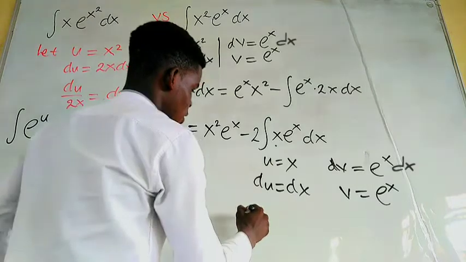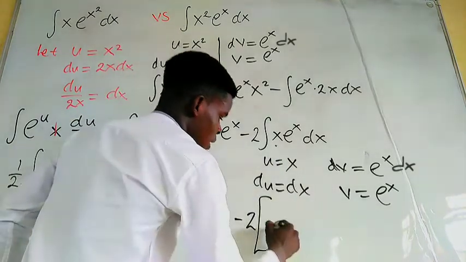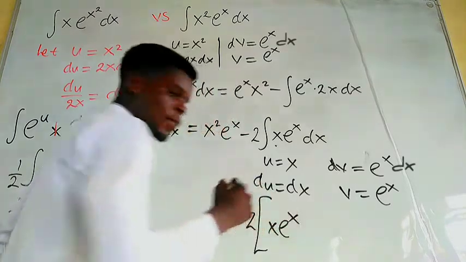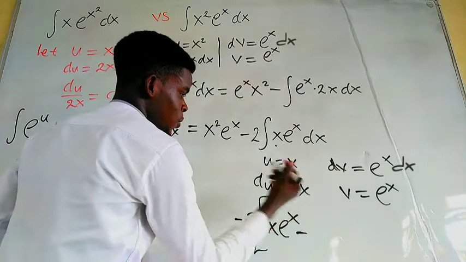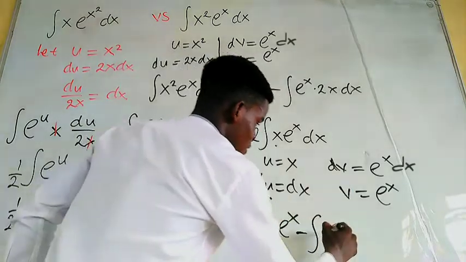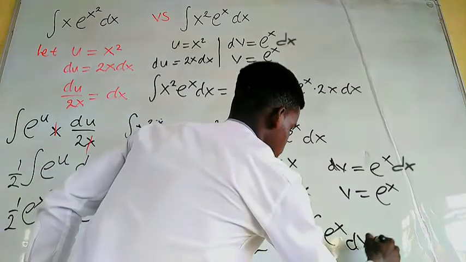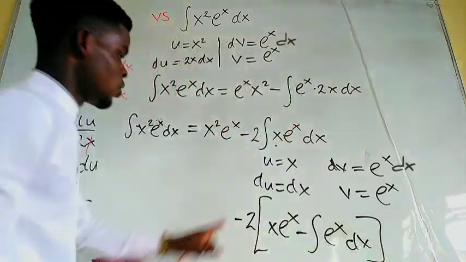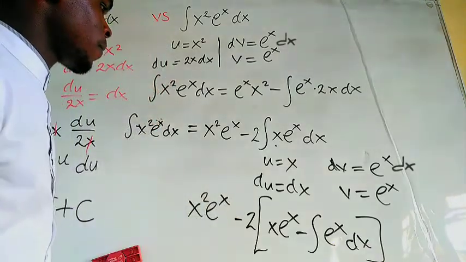So this will now become negative 2 times uv, that is x e to the power of x, minus the integral of v du. So we have e to the power of x, du is just dx. Okay, and that is it.